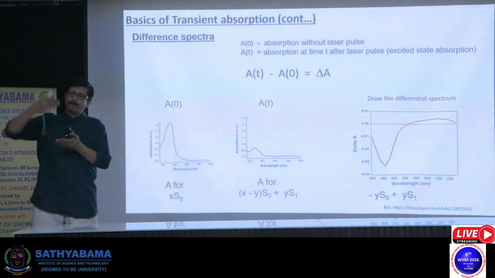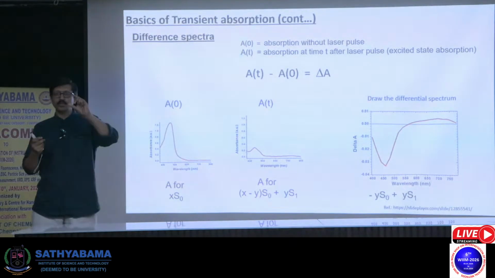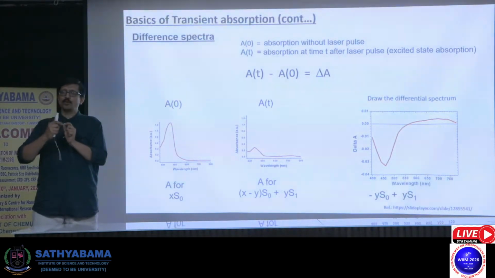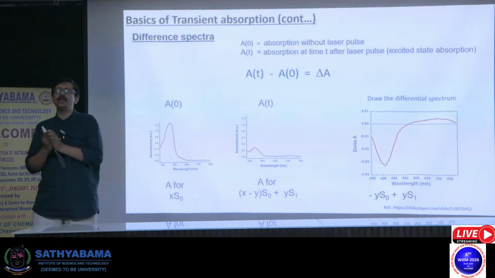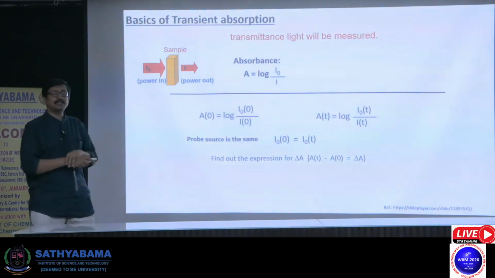So this pump-probe technique is even going below that, 10 to the power of minus 12 second, which is pico, 10 to the power of minus 15, which is femto. So within that short time, the process happens, absorption or emission, transient absorption, transient emission. Those things can also be monitored by this powerful method called transient absorption.